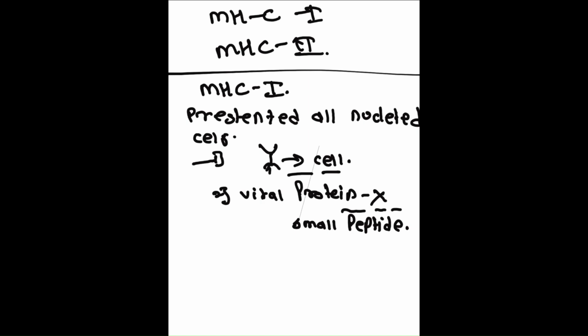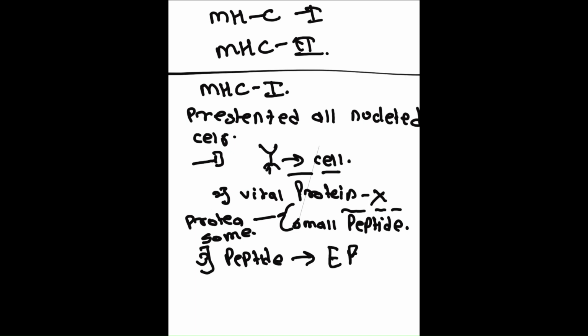This is carried out with the help of the proteasome. The next step is that these peptides are transported into the endoplasmic reticulum with the help of the TAP protein.